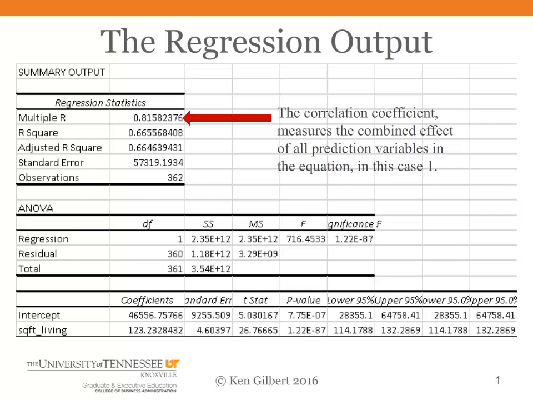But in cases where later we will learn how to do regressions with multiple input variables, the multiple R will be the combined correlation of all of the variables with the output variable.